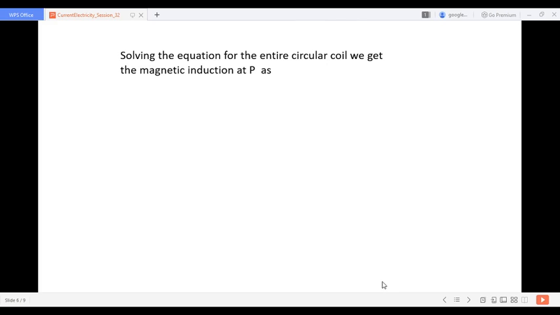Solving the equation for the entire coil, the magnetic induction at the point P is given by B equals mu naught I a square divided by 2 times (a square plus x square) the whole bracket raised to 3 by 2.